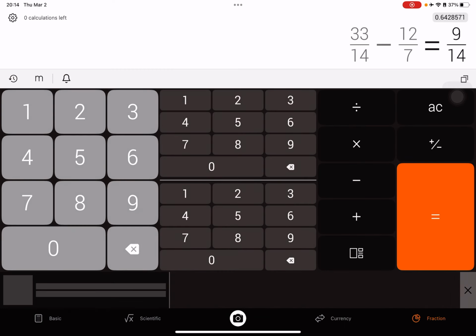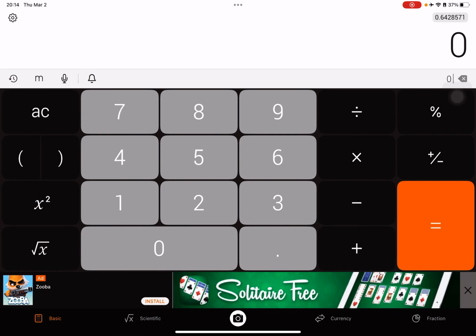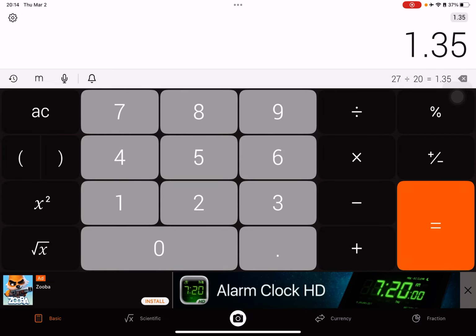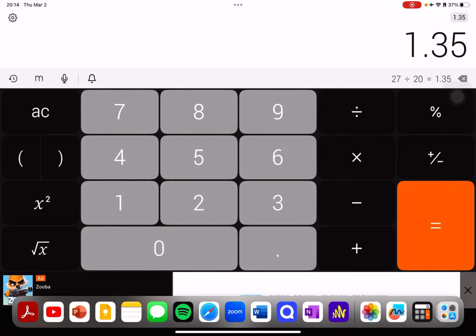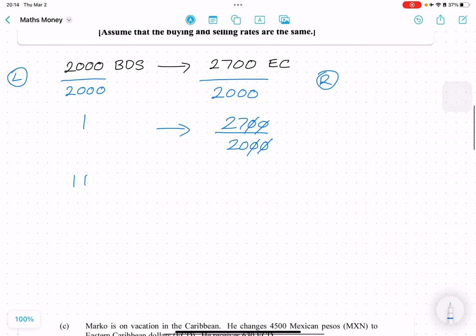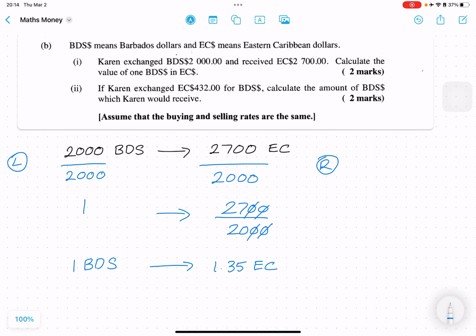My calculator says that 27 divided by 20 is $1.35. So 1 Barbados dollar is equivalent to $1.35 Eastern Caribbean dollars. Okay, very simple.